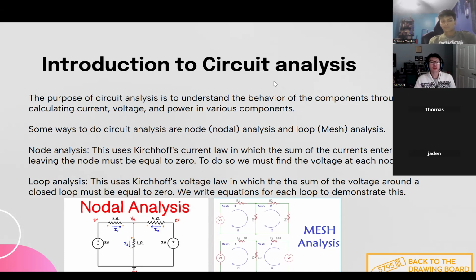Then what you can do is combine this with Kirchhoff's voltage law in loop analysis, or mesh analysis. What this says is you take some point on the circuit and you take any path in a full loop and come back to that point, the total voltage must be equal to zero, because any voltage you gain is then lost.